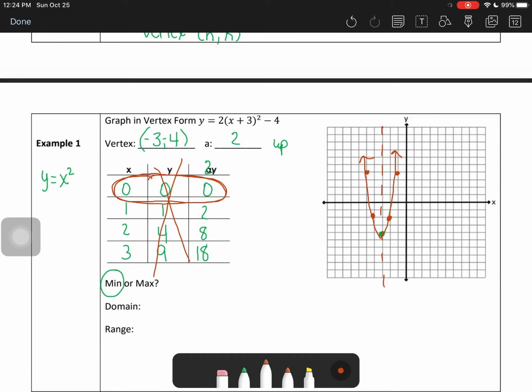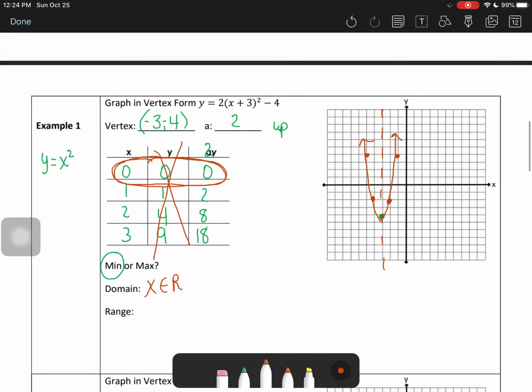Our domain is our x values, and because our domain is going infinitely left and right, we know that x is an element of the reals, just like we did with our absolute value functions. And then our range is our y value. Since our lowest y value is at -4 and our parabola is opening up, we're going to have y greater than or equal to -4.